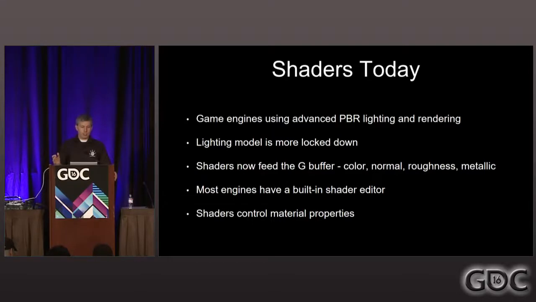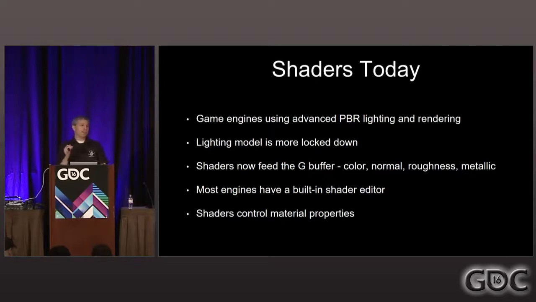But what I do need to mention is that because of the complexity of the lighting portion of the shader, there's sort of a divide happening: there's the part of the shader that does the lighting, and then there's the part of the shader that does the surface properties. And that's especially true for rendering engines that are deferred, because the surface properties happen before the G-buffer, and then after the G-buffer, you have the deferred lighting. Anyway, that's getting really technical. I don't want to get too far into that.